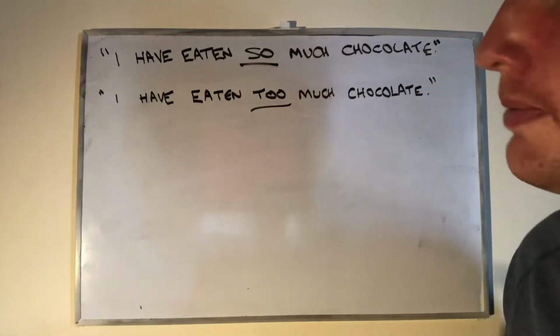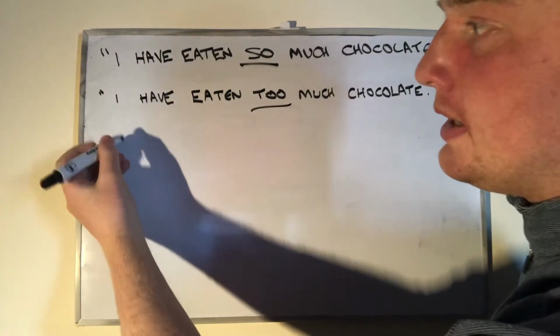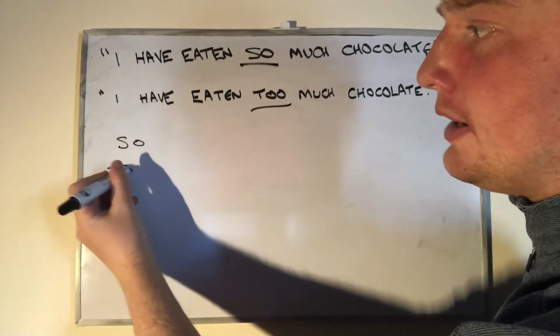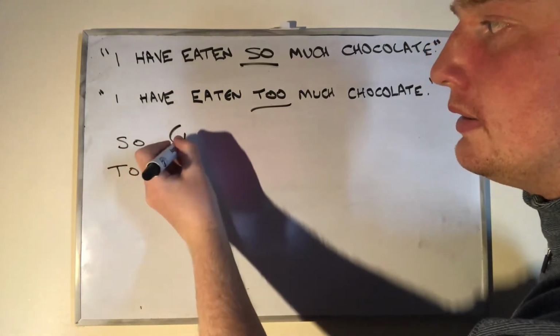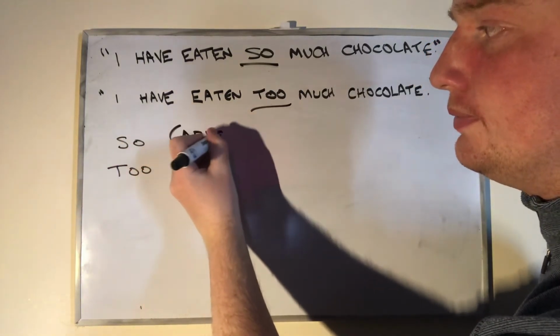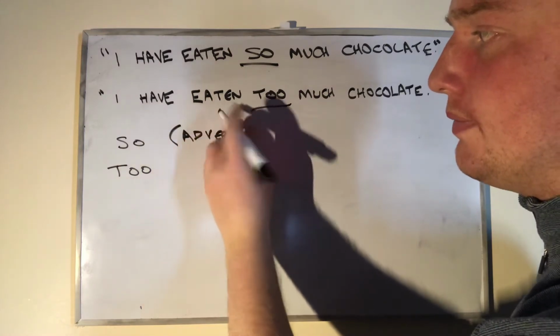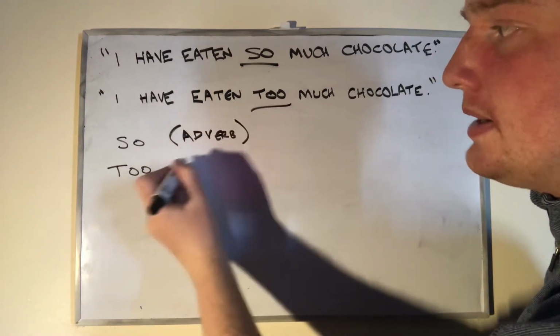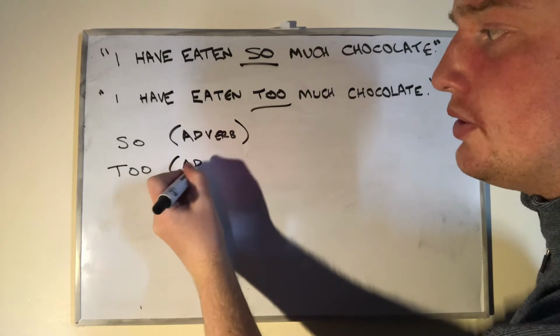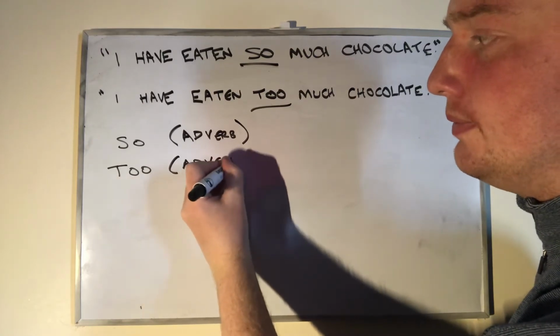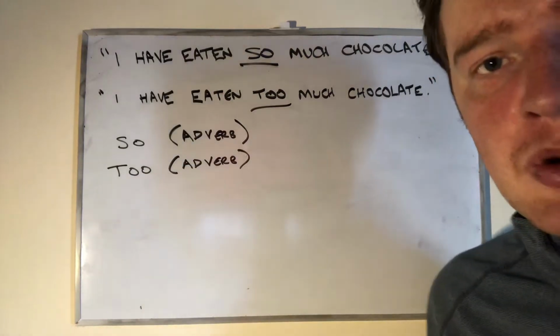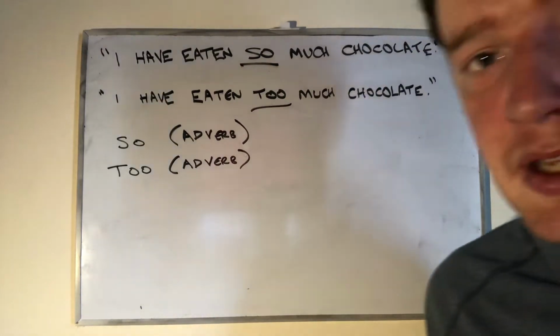Well, the first important piece of information to bear in mind is that both so and too are adverbs. Okay? At least in the capacity that they're being used here, so and too are adverbs. Well, you may be questioning to yourself, what is an adverb?